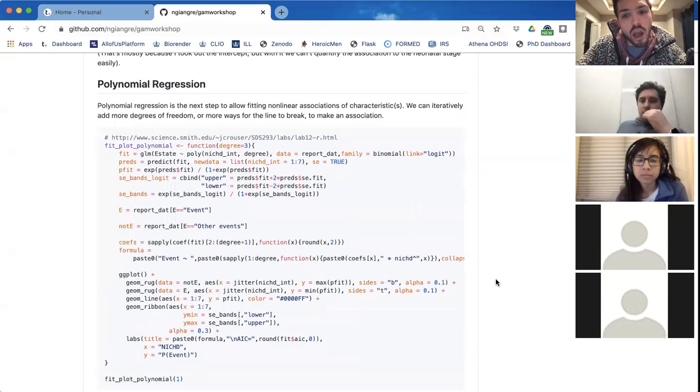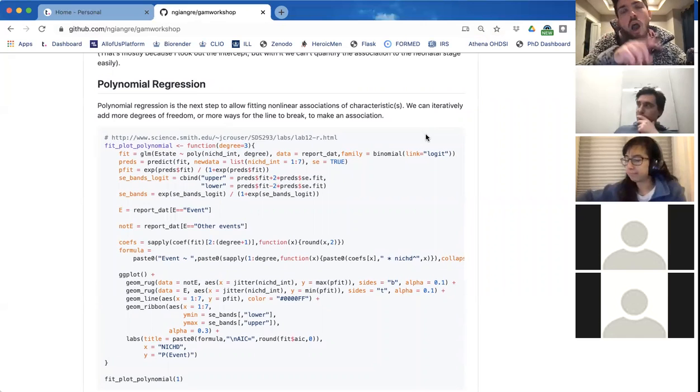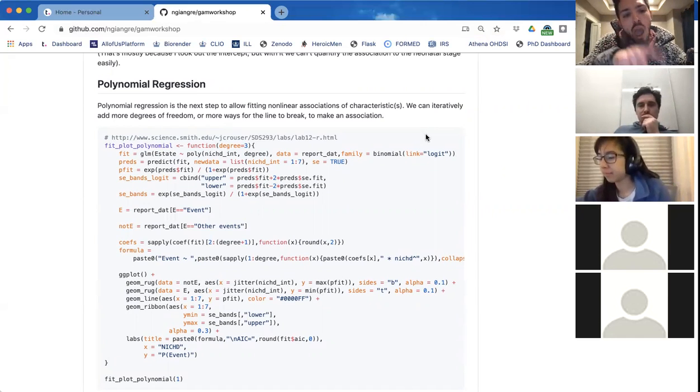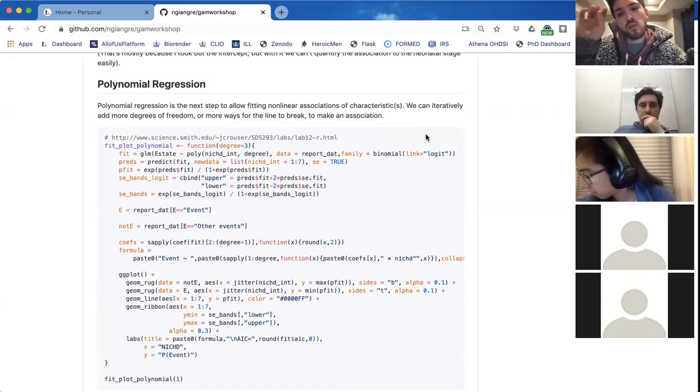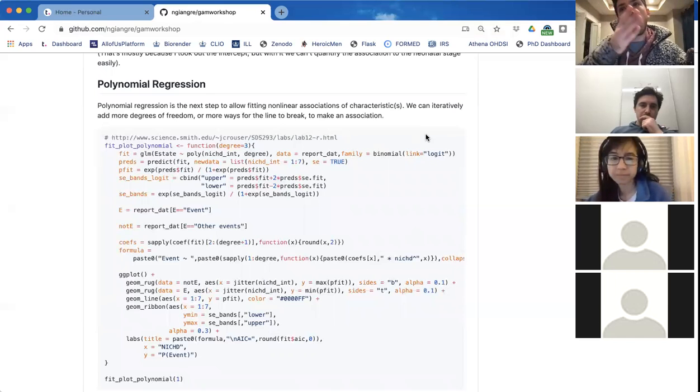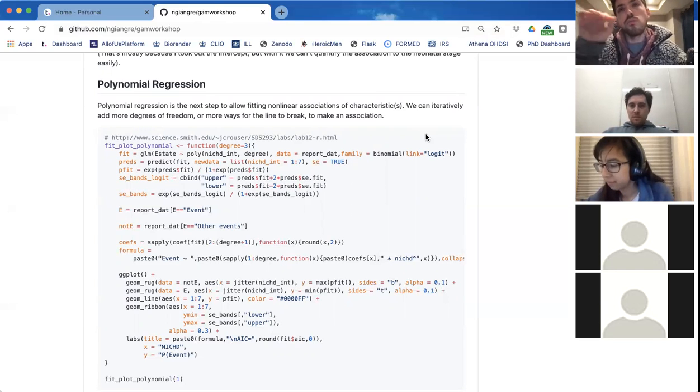So here, I'm going to iteratively add more degrees, like the x squared, x cubed, and so on. Those allow more places to break a line. Y equals x is a linear line.